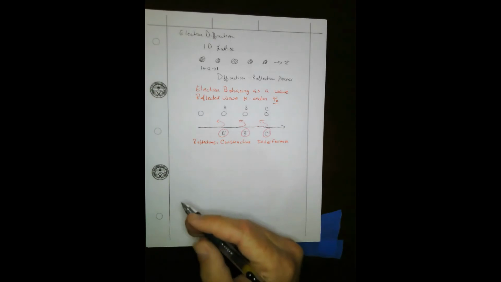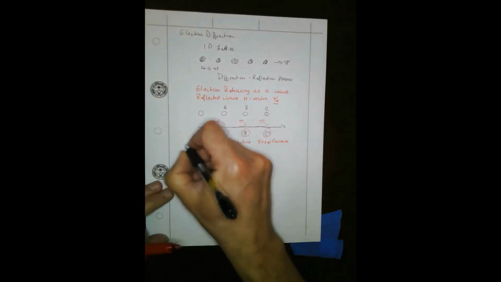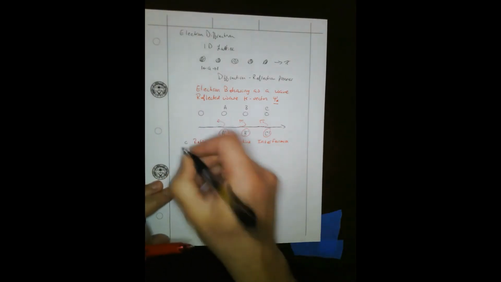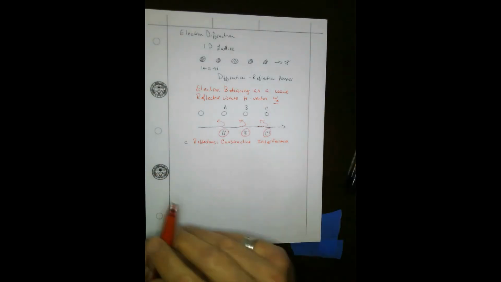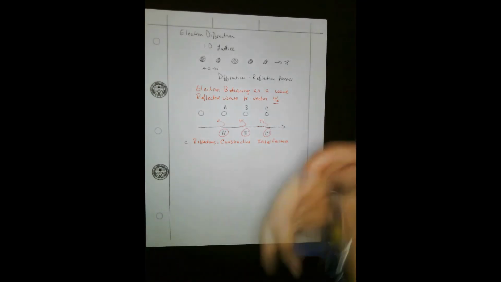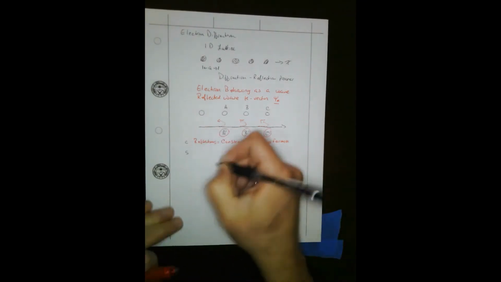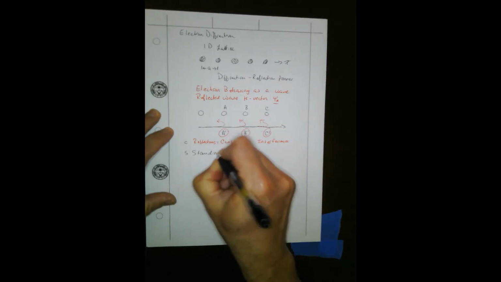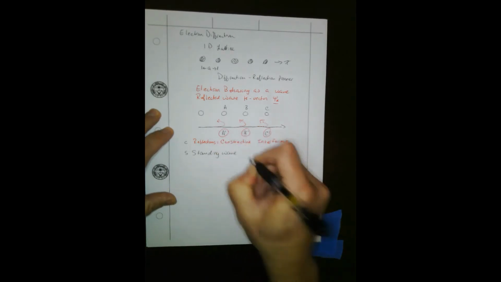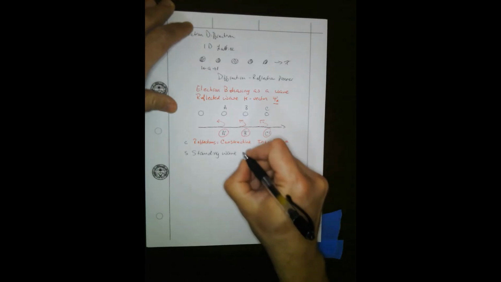So we have a reflected wave, and then we have a pass-through wave, basically. We can call this C, and it's a reflected wave. There's another wave that we'll have, which is S, the standing wave, which just passes through.